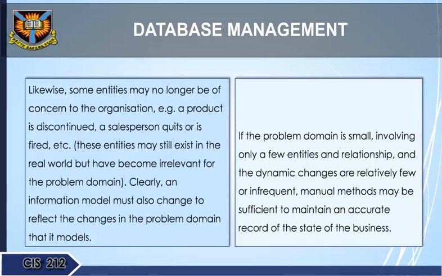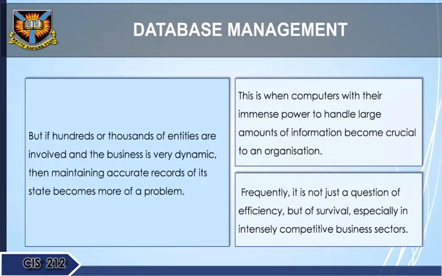If the problem domain is small, involving only a few entities and relationships, and the dynamic changes are relatively few or infrequent, manual methods may be sufficient to maintain an accurate record of the state of the business. But if hundreds of thousands of entities are involved and the business is very dynamic, then maintaining accurate record states becomes more of a problem. This is when computers, with their immense power to handle large amounts of information, become crucial to an organization.